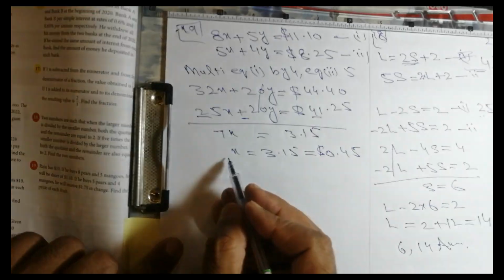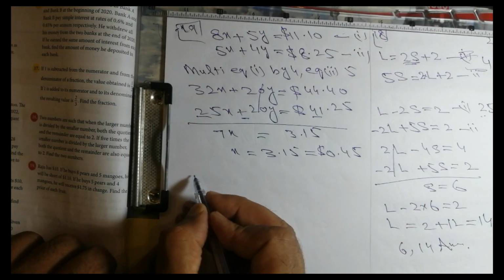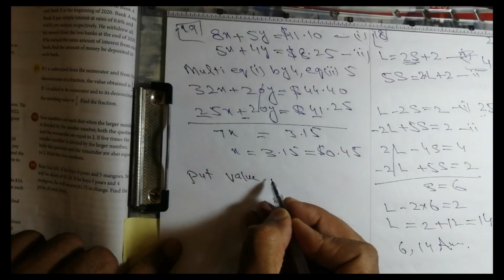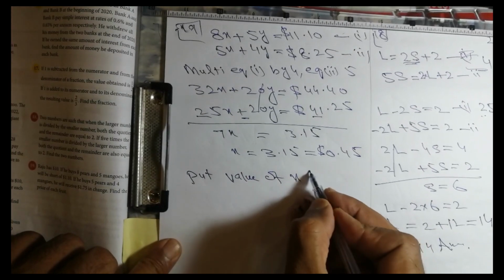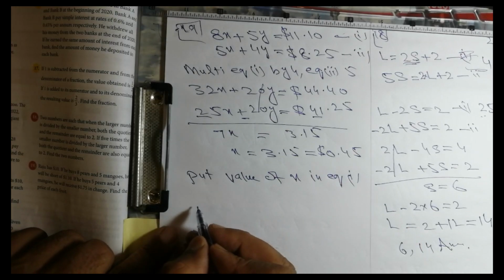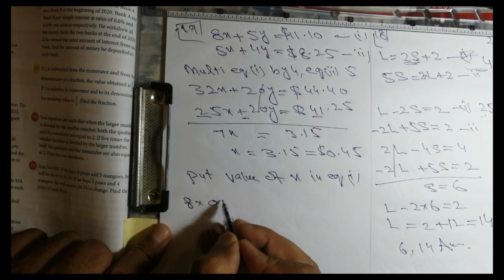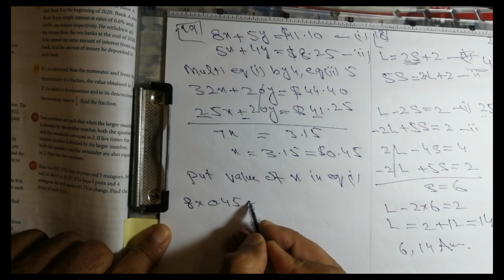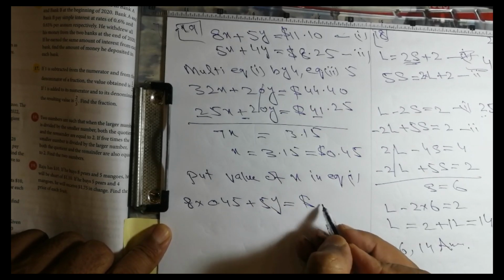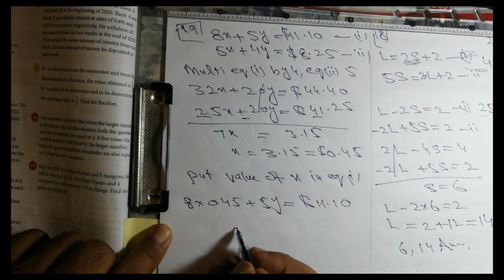Put the value of x in equation number 1. So 8 into 0.45 plus 5y equal to $11.10.